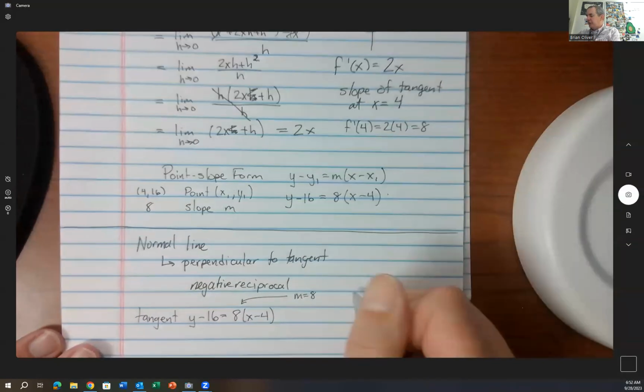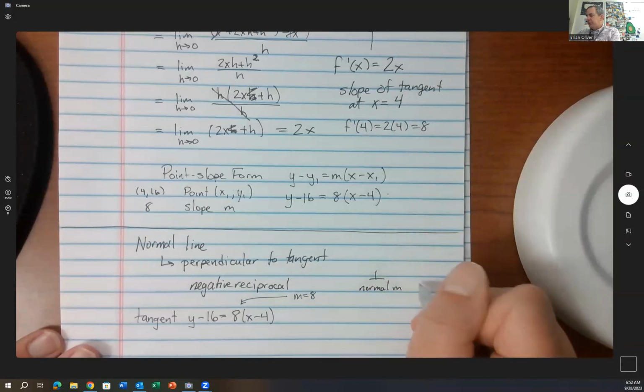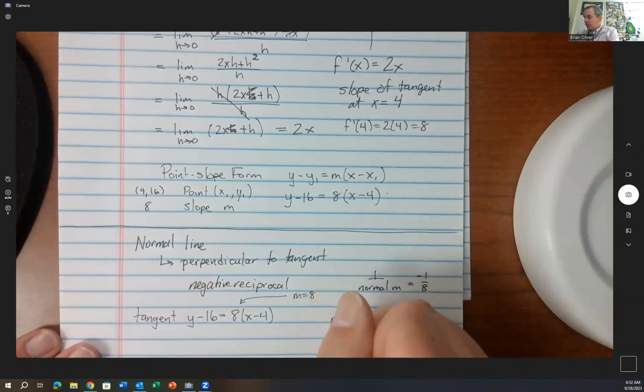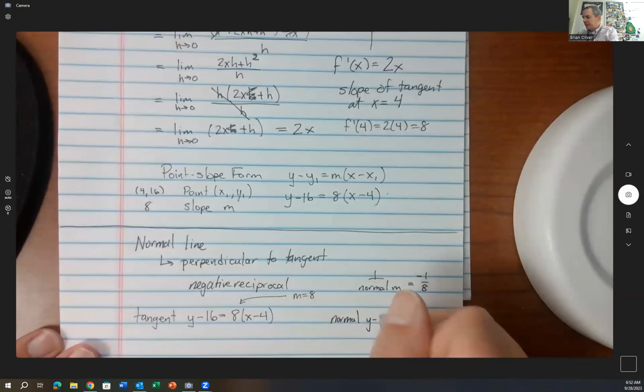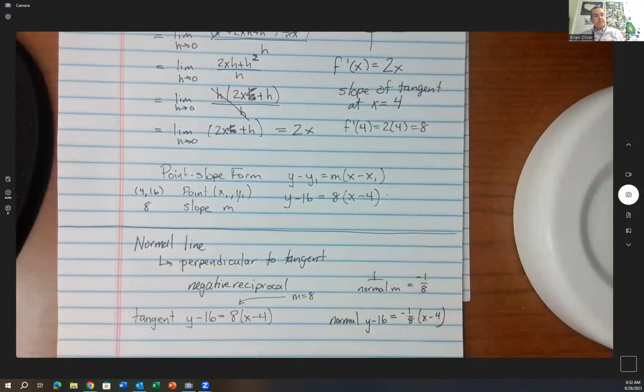If I wanted to figure out the normal slope, the normal m is going to be the negative reciprocal. So the reciprocal of 8 is 1/8 with a negative sign in front of it. So the equation of my normal line, using the same idea, is y minus 16 equals negative 1/8 times x minus 4. And that's how we do a normal line.